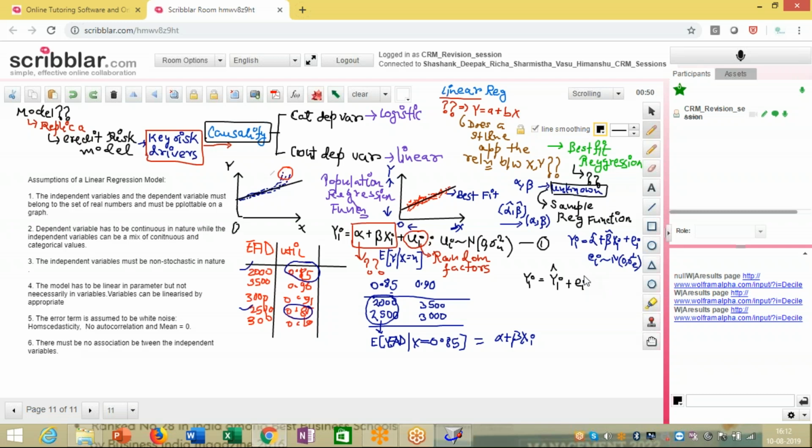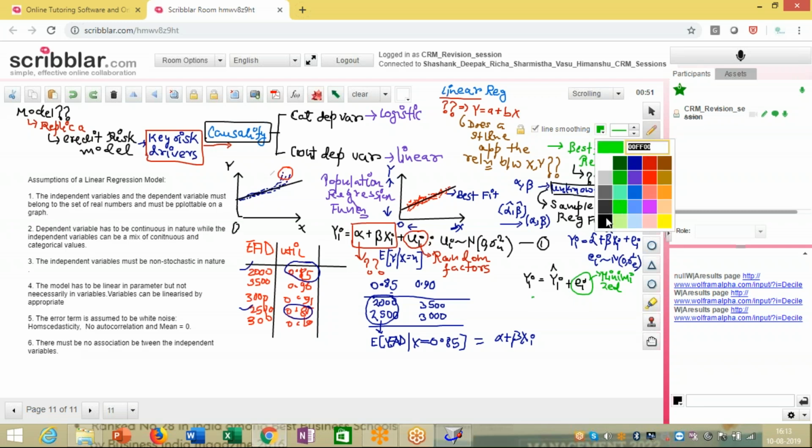Right? Okay. So our objective would be to minimize this error component. This is the part which has to be minimized, right? So how do I define this error?